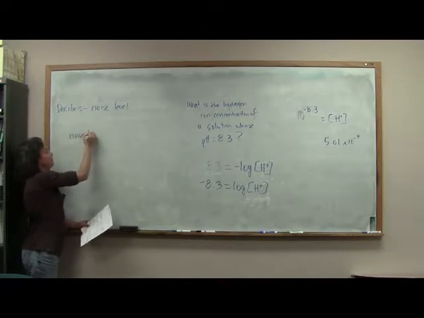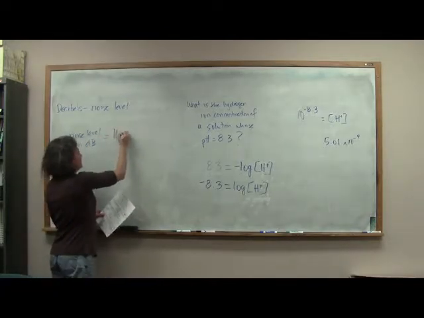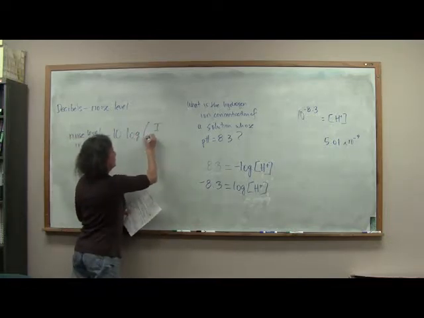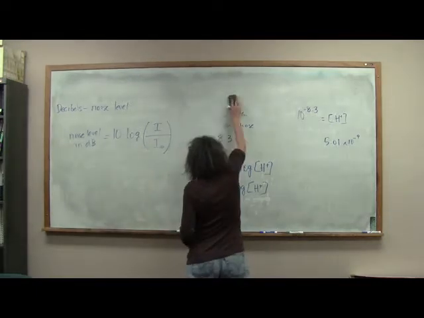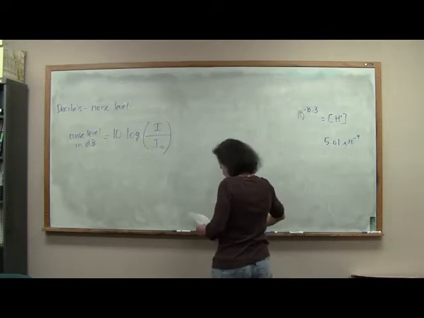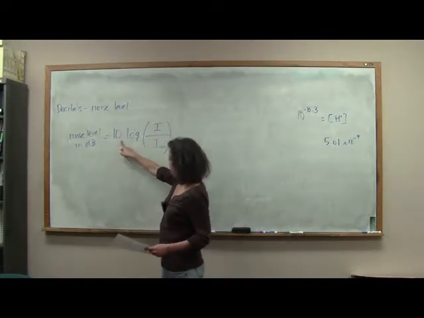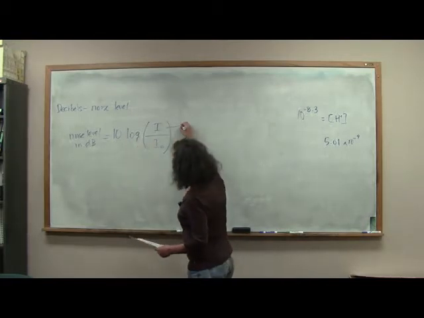Our noise level in decibels is equal to 10 times the log of I over I sub 0. Now, what do all of these mean? Well, again, our decibels is 10 times the log. Remember, that's a log base 10.